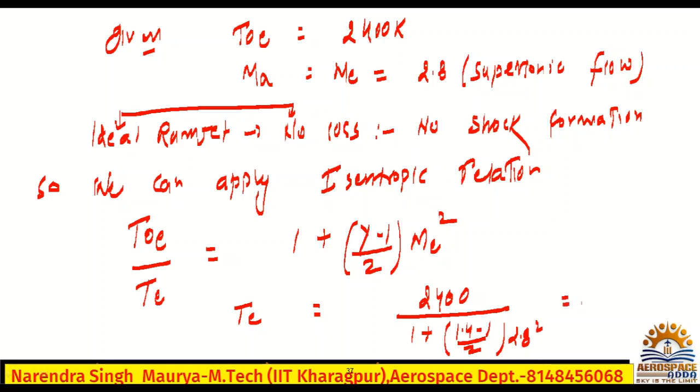Let me solve this, you also solve. 1.4 minus 1 divided by 2 is 0.2, into 2.8 square. 1 plus the answer gives 2.56. 2400 divided by this is 934.57 Kelvin. So TE we have now.